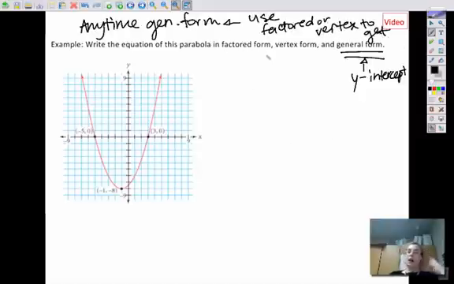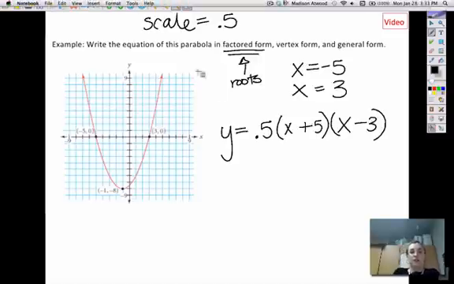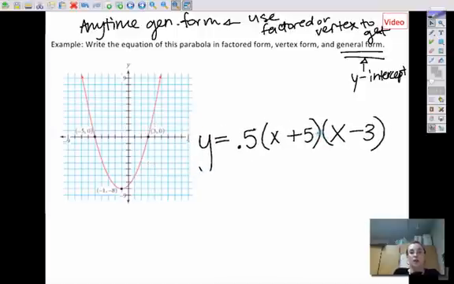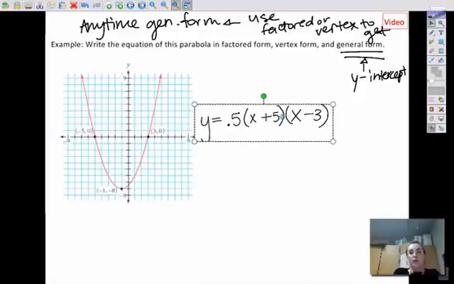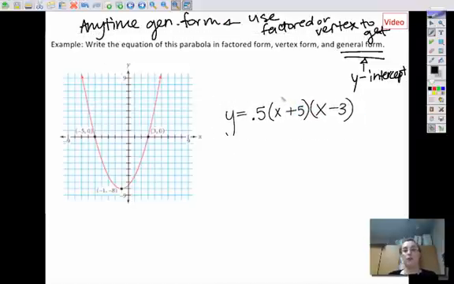So in this case, I'm going to use factored form just because it's easier for me. I'm going to take my factored form and multiply my factors to get standard form, which means I'm going to FOIL.